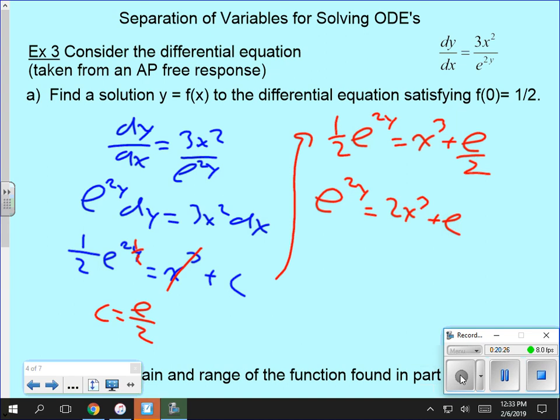Take the natural log of both sides. And it's the natural log of the whole thing. So I end up with 2y equals the natural log of 2x cubed times the natural log of e, right?